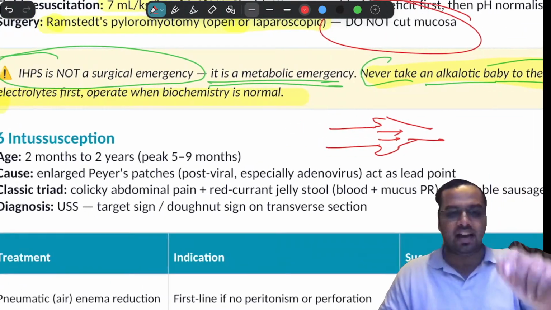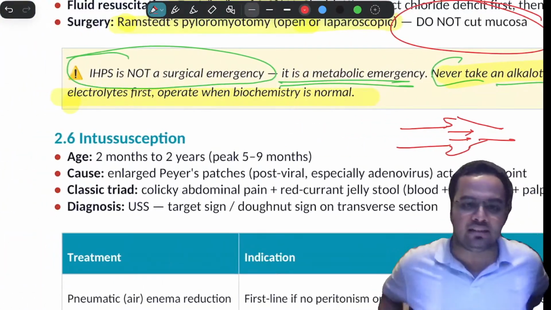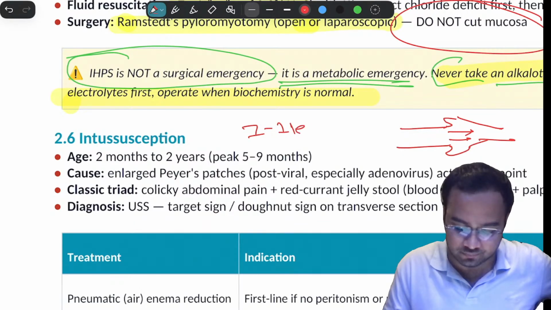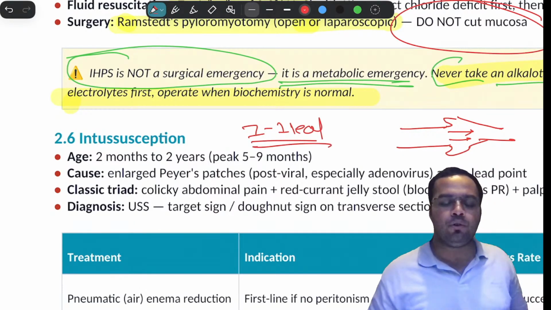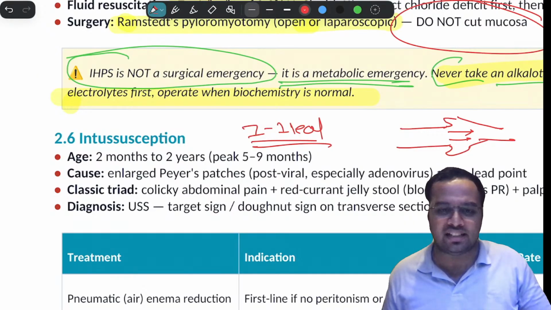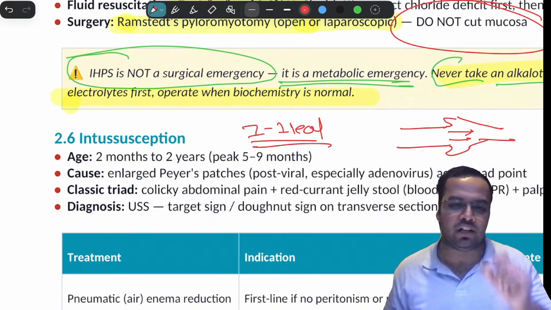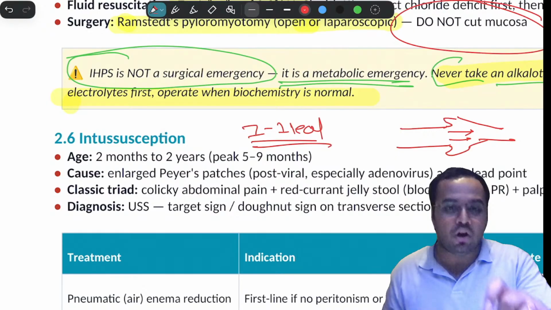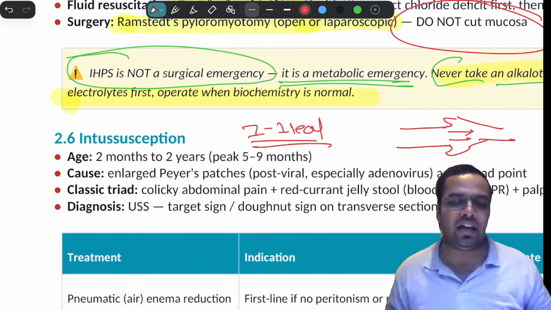But here in child, it is important to know that the most common intussusception is ileoileal. Few books also say it is ileocolic. Why does it occur in the child? It occurs because the child has Peyer's patches, which are going to enlarge.